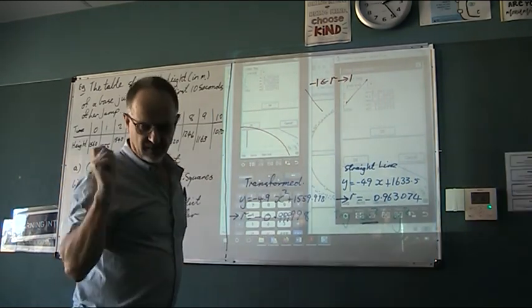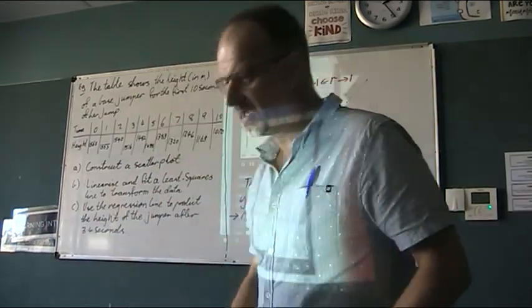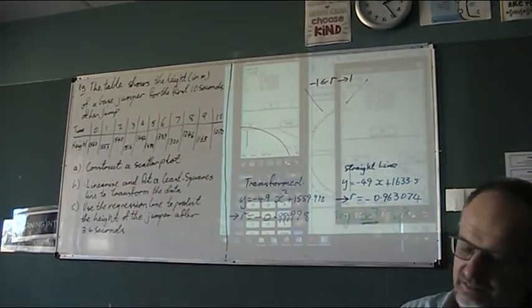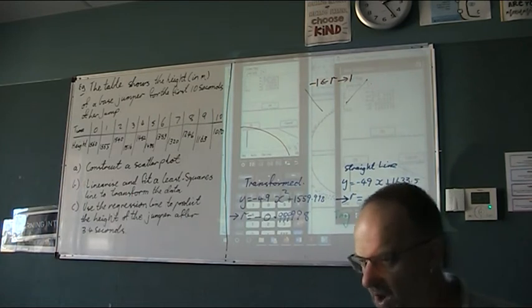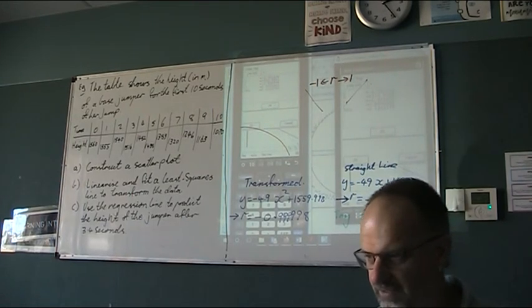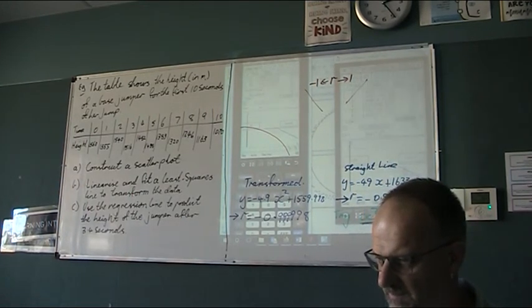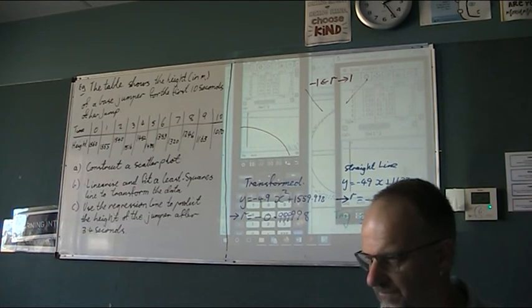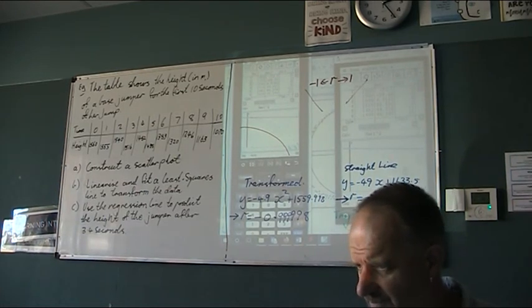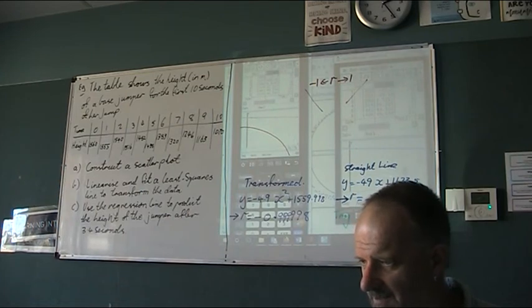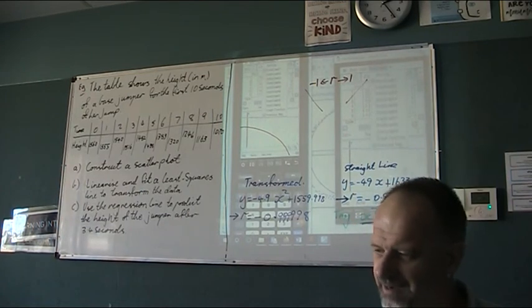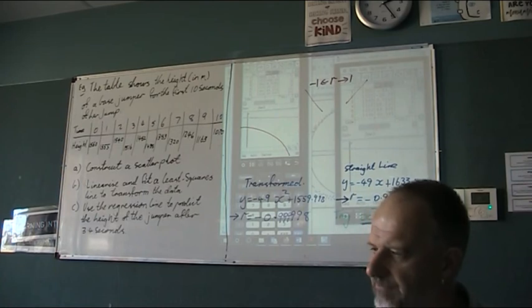So now when I press OK, it's going to give me the plot of our transformed data, so we can have another look. Whoops, forgot to turn off the previous one, didn't I? See this previous reg, got to turn it off. I keep forgetting to turn it off.